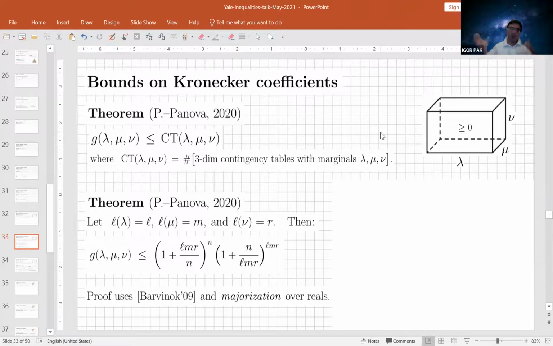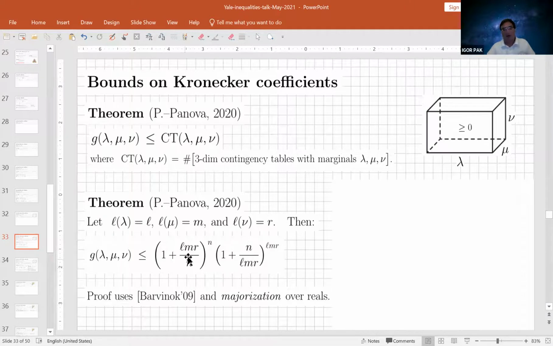Using some existing work on counting the number of contingency tables, where the polynomial method was initially introduced by Barvinok, and using some more real analysis, extending his approach, we were actually able to obtain a very clean upper bound.